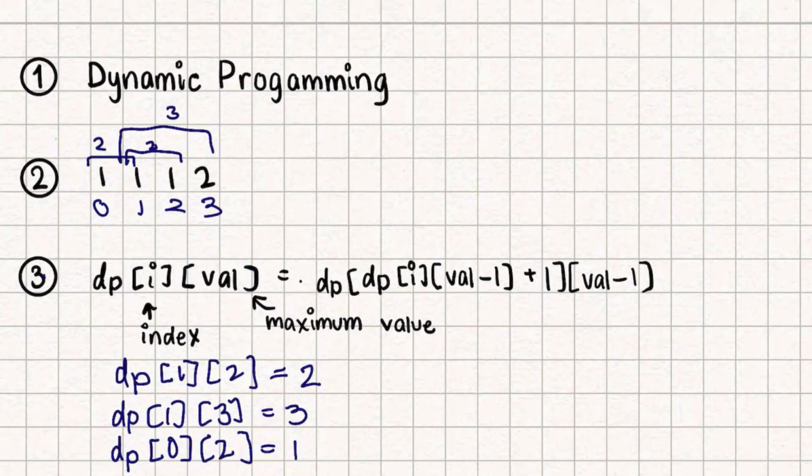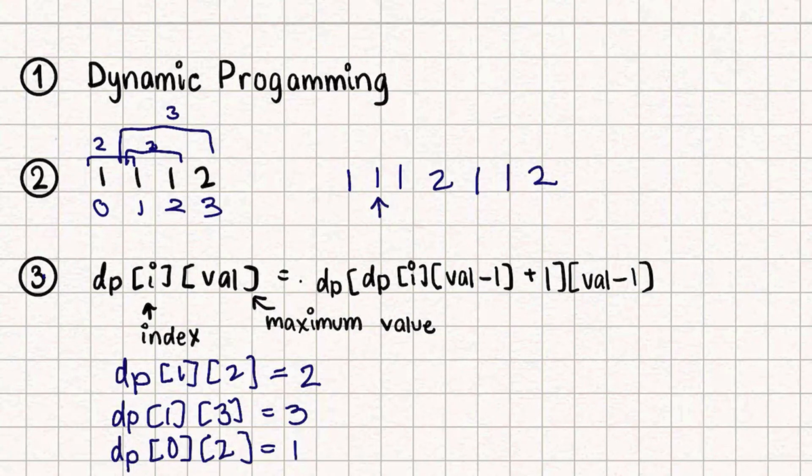Okay, so in order to check what this value is, we're going to need a transition. And our transition is actually pretty simple. We're going to make the value right here. So let's take another example. If we have 1, 1, 1, 2, 1, 1, let's say we're starting at this index right here, and we want to make the value of 3.